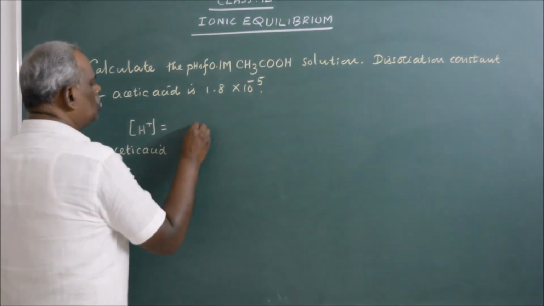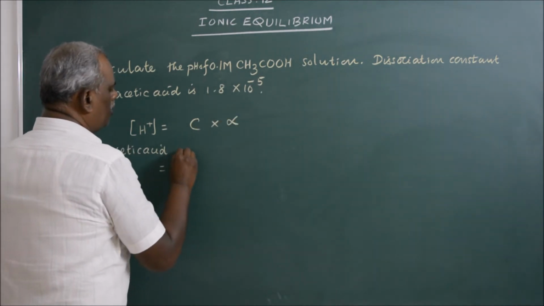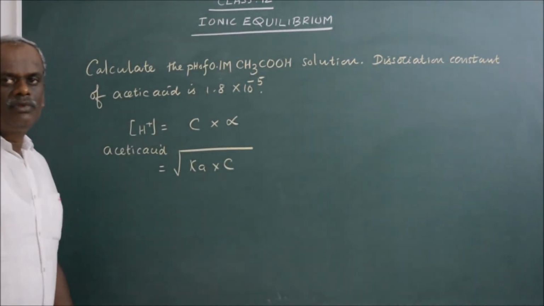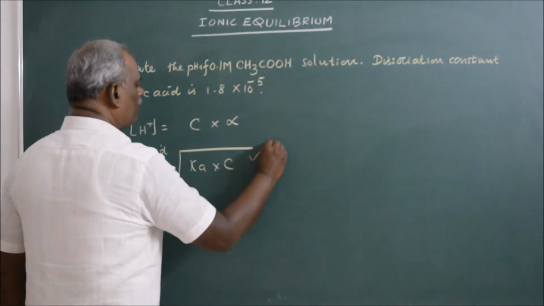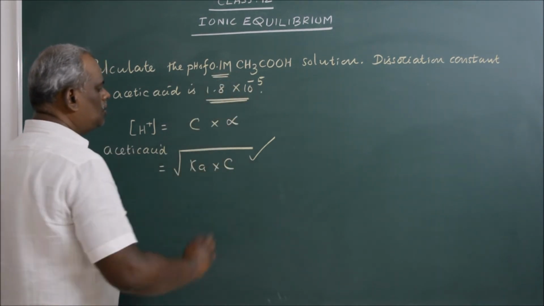That is equal to C into alpha, one formula, and one more formula is the square root of Ka into C. Here we are going to use this particular formula because you are given the concentration as well as the dissociation constant.